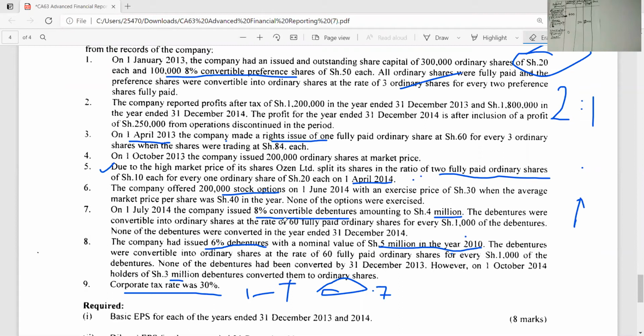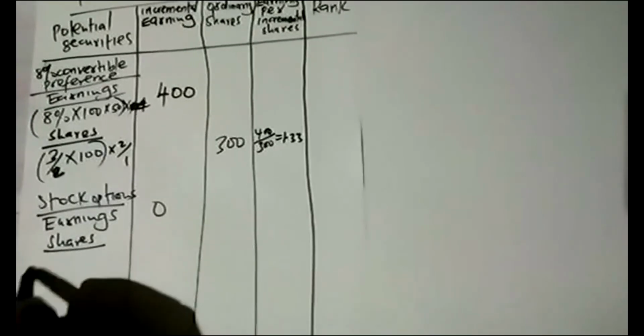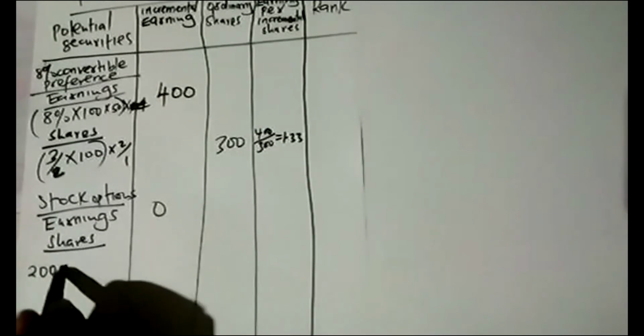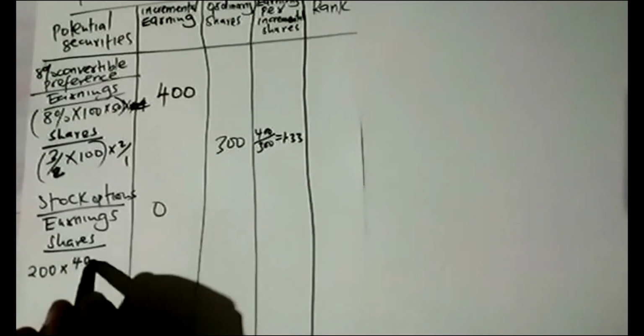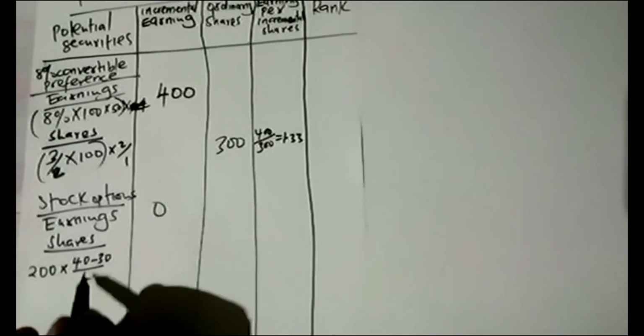So which means that they would purchase shares at a lower price, because the exercise price is 30 and the market price is 40. So what you will say is a bonus element there, of which you will say 200 times 40 minus 30 over 40.